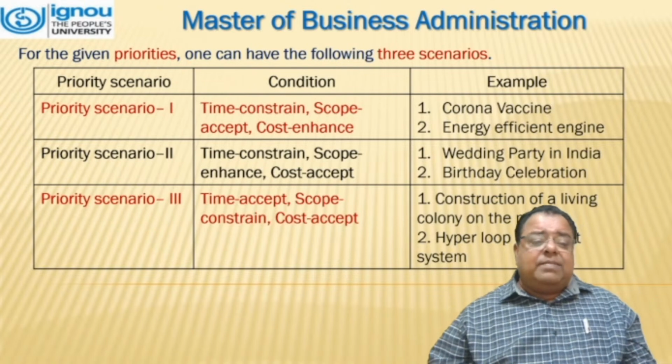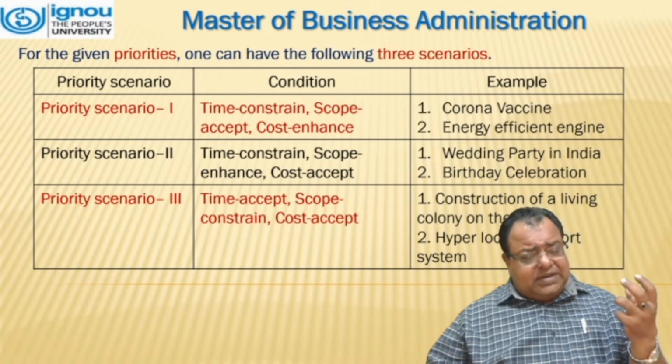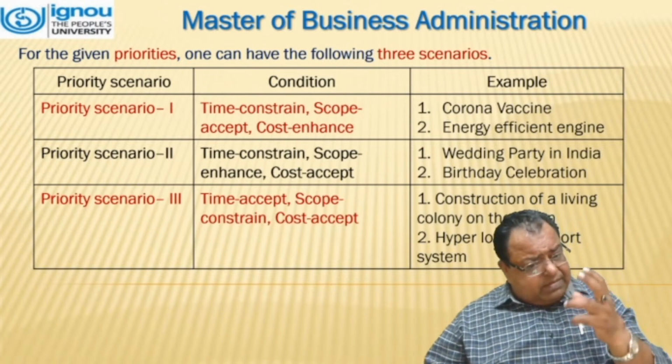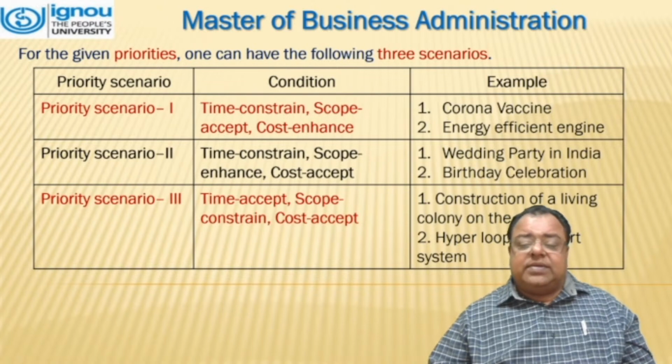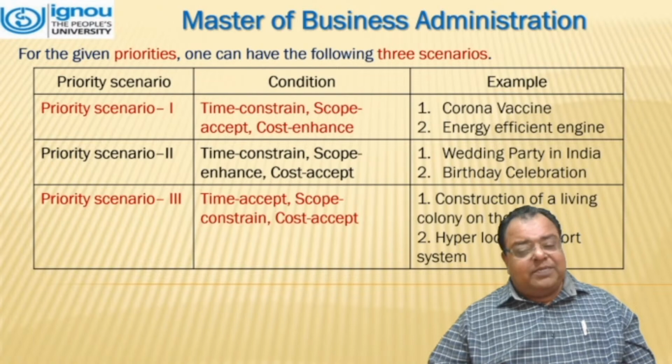Third one is priority scenario three, under the conditions of time accept, scope constraint, and cost accept. Here it is construction of a living colony on the moon and a hyperloop transport system.